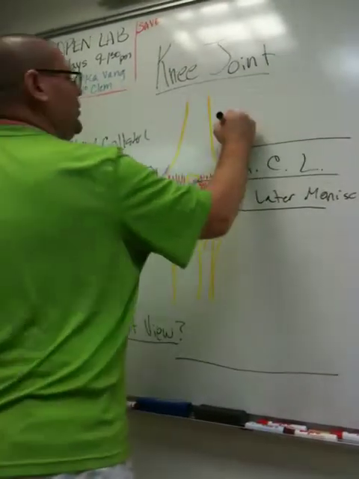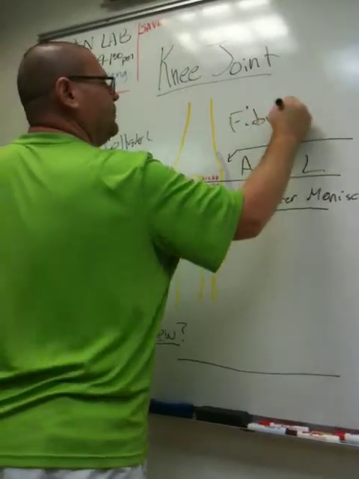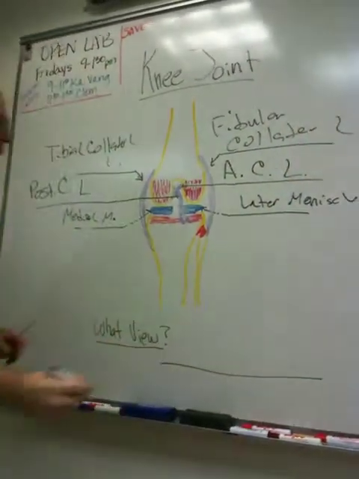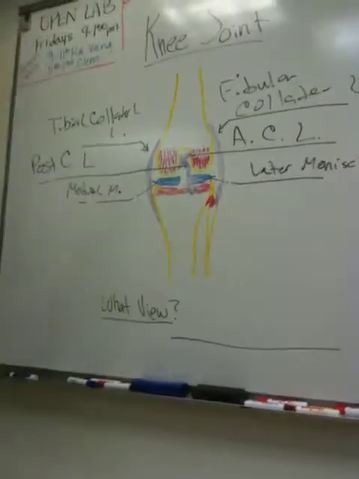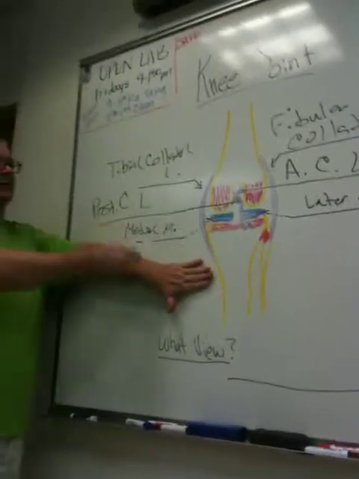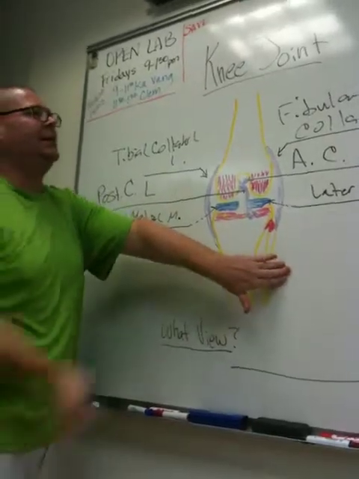This is the fibular collateral ligament. So how do we easily identify them? Well, the tibia is over here, so this is tibial. The fibula is over here, so this is fibular.